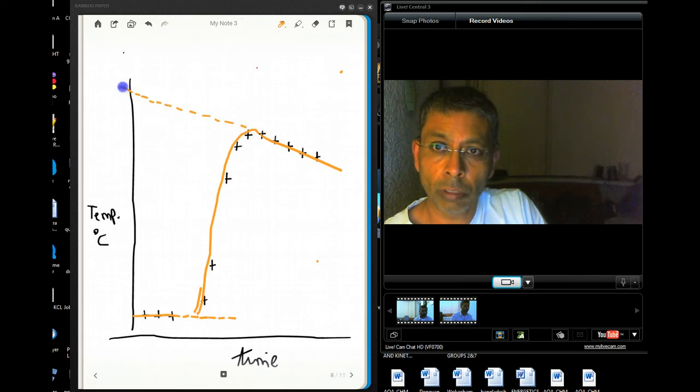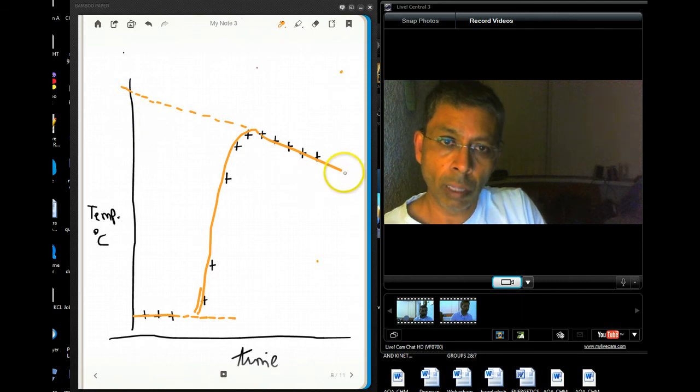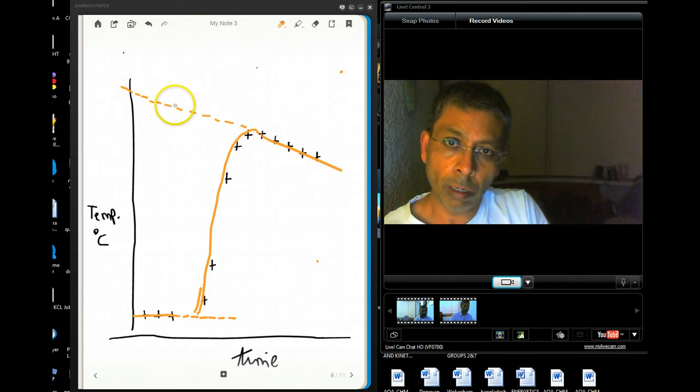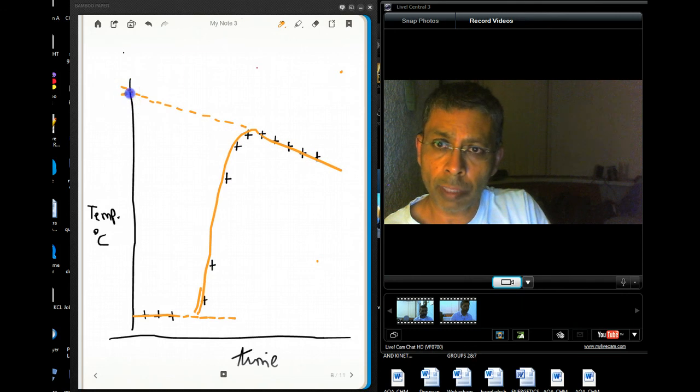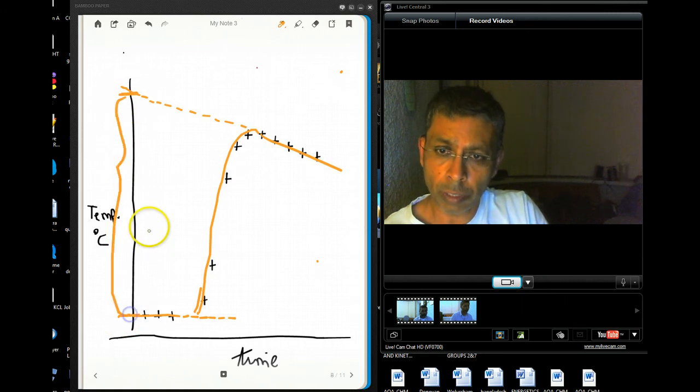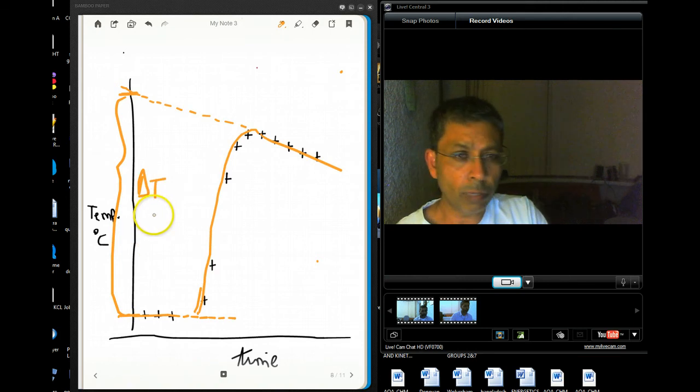It's not horizontal, as you can see, but follow this line up to the y-axis here. Now that point there where it touched the line, and this point here, the difference here will be your delta T, which accounts for heat loss.